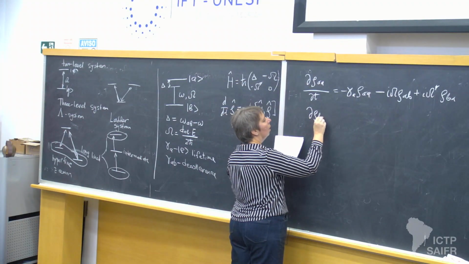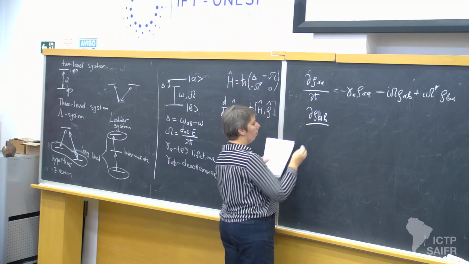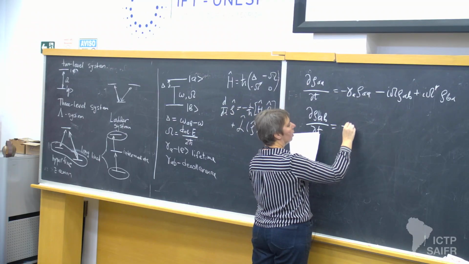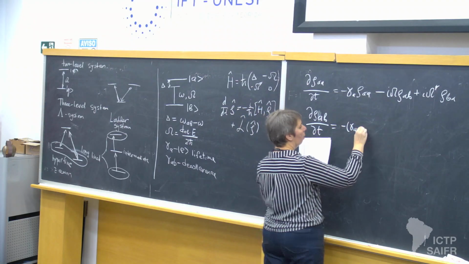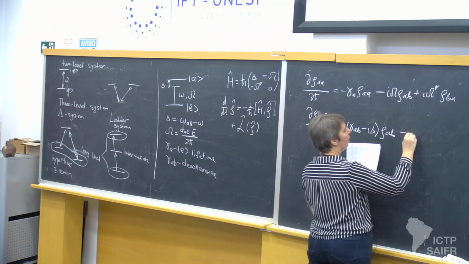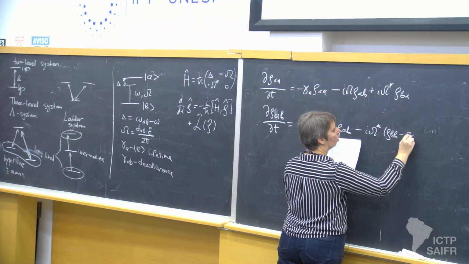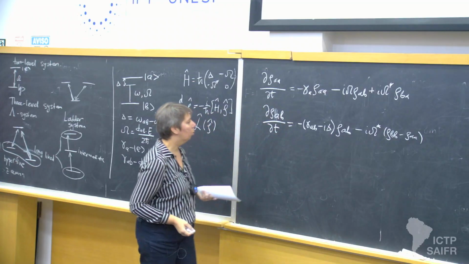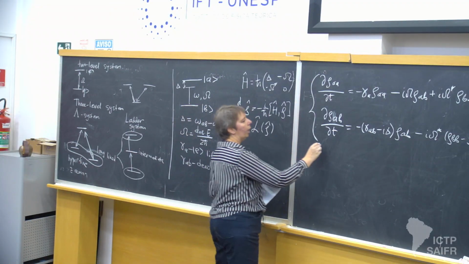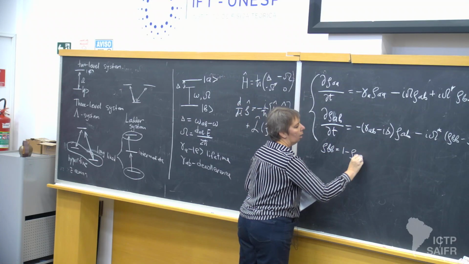And the optical coherence, the optical dipole element, d rho AB, is going to be minus gamma AB minus i delta, rho AB, minus i omega star, rho BB minus rho AA. Okay? You can get this from the Hamiltonian. So these are really the only 2 equations I need, because I will assume that if the atom is not in the upper state, it's in the ground state.